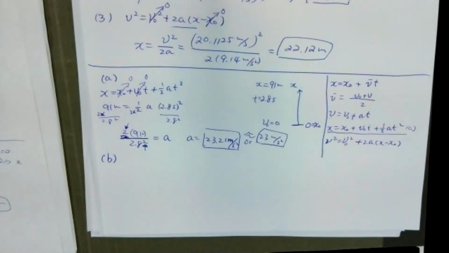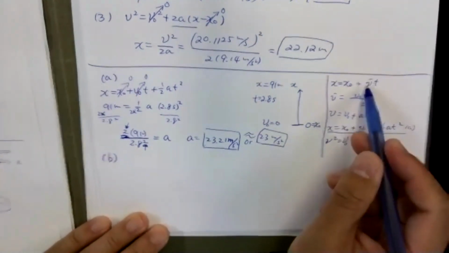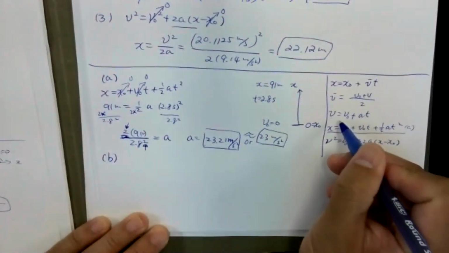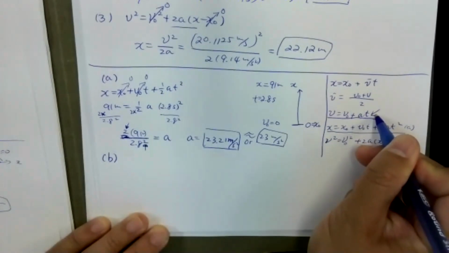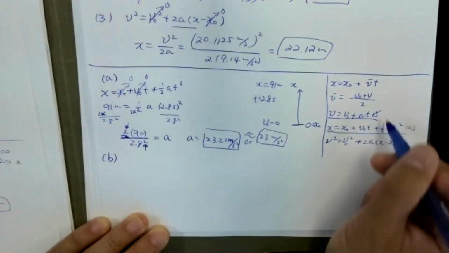Now B is asking you what the final speed is at this point. For those who didn't get A right, you couldn't have B right, because B is directly from A. Looking at those 5 equations, you probably figure out this is the one you want to use, and that will give you the answer directly.